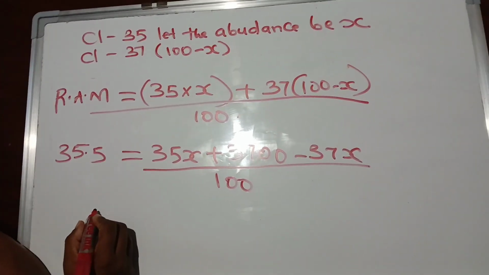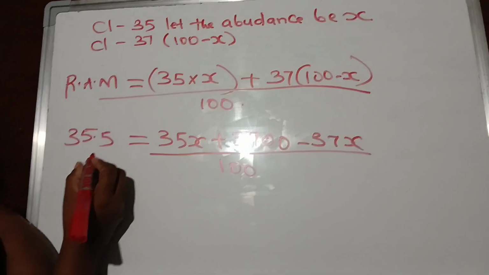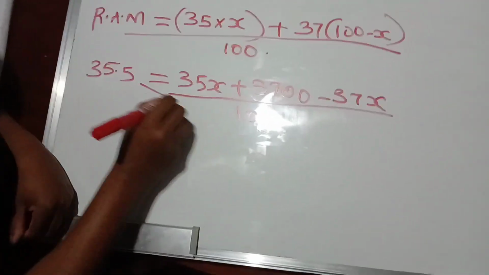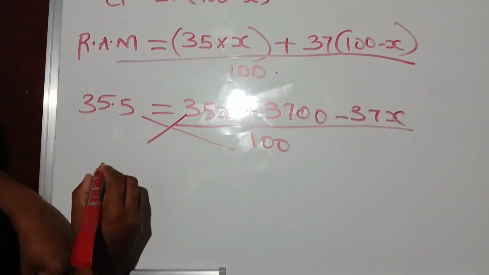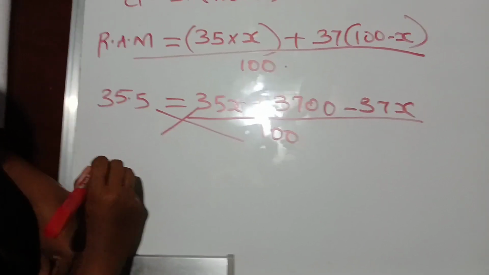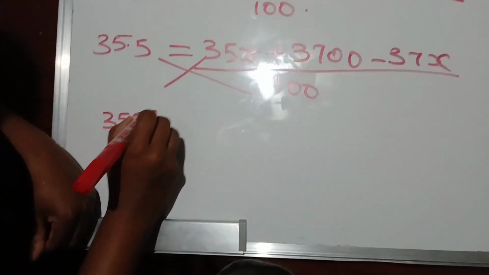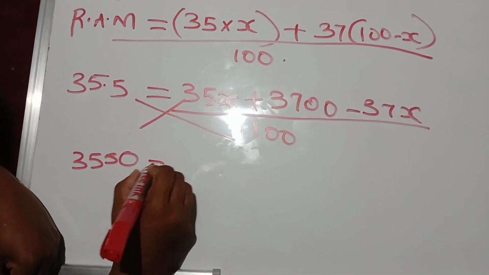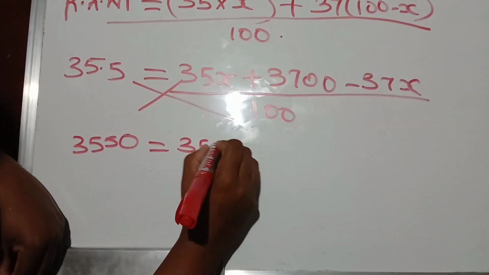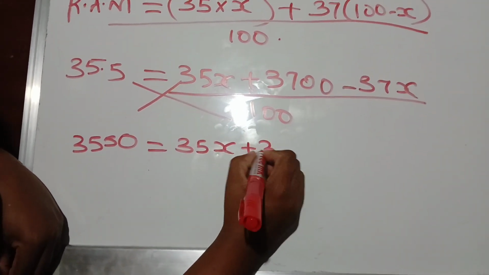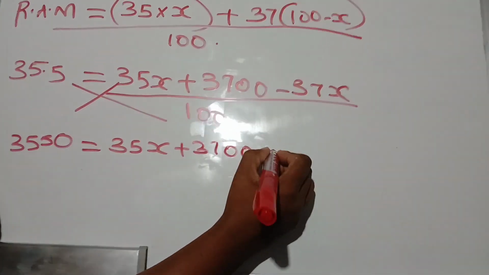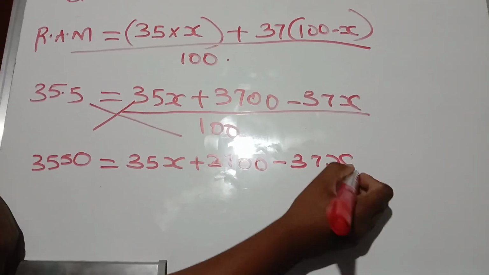Now we put like terms together. First of all, we cross multiply to remove the denominator. So this is going to be 3550 equals 35x plus 3700 minus 37x.